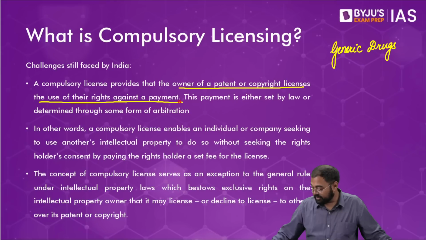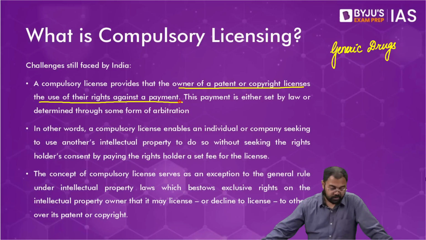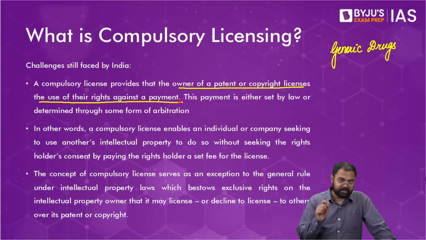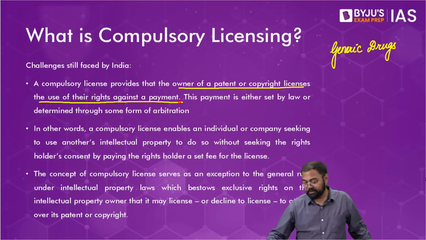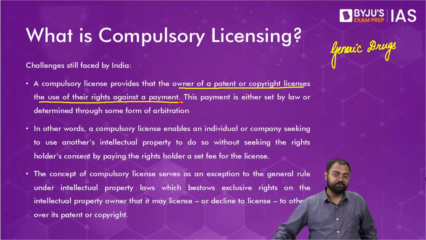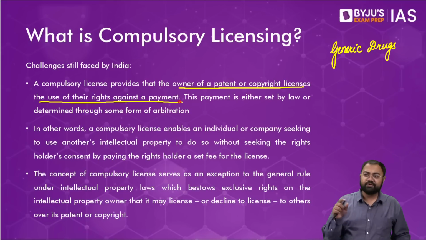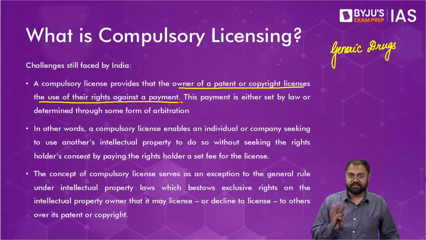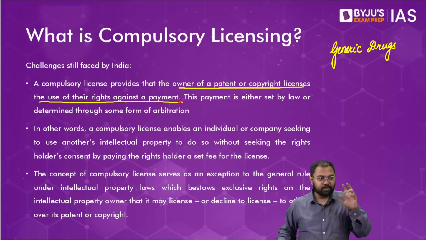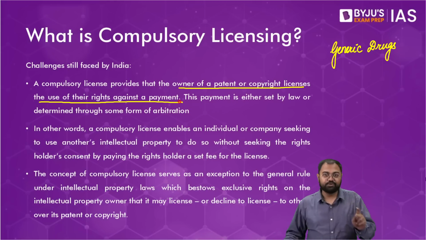Now, to understand what exactly these conditions are, let me just give you a simple example. If you think of the COVID-19 situation, during COVID-19 we got the vaccines. Now these vaccines are also patented.